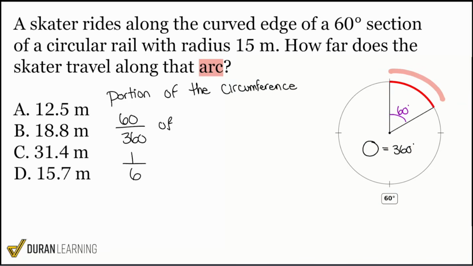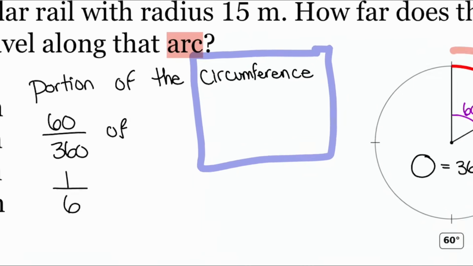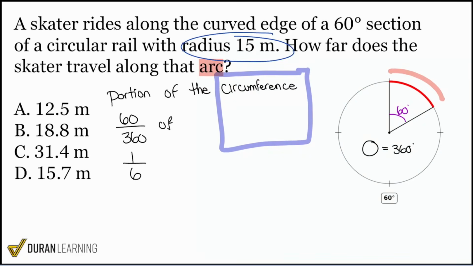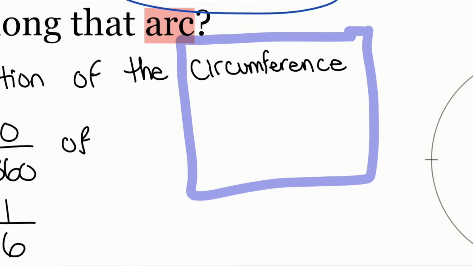Here we go. The circumference, and I'm going to just highlight this as a blue box. Hopefully that's enough space. We will find out. But we will go right over here. Because I am given the radius of 15 meters, I'm going to use the radius formula. So I'm going to say C, circumference, equals 2 times pi times the radius.